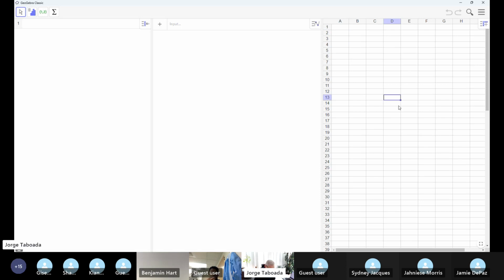Here, for example, 1. Press tab to navigate horizontally. 1. Tab. 0. Tab. 6. And this is my first equation. Press enter to come back to the beginning.